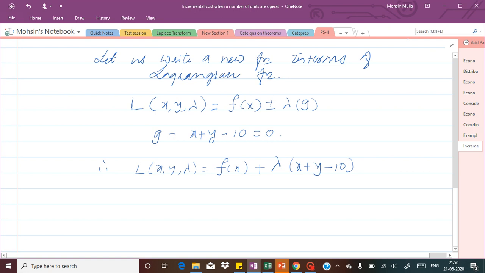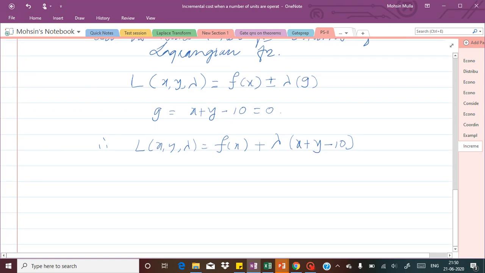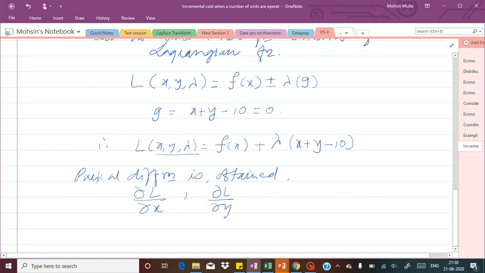Now to get the optimal condition, we have to perform the partial differentiation. Partial differentiation can be obtained with respect to each of the three variables that we have listed here: dou L by dou x, dou L by dou y, and dou L by dou lambda.